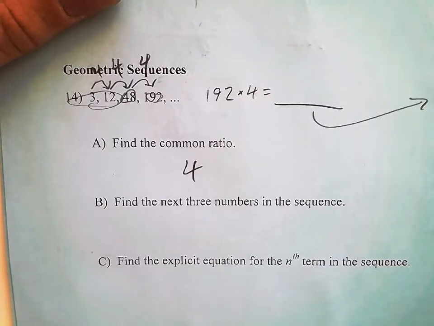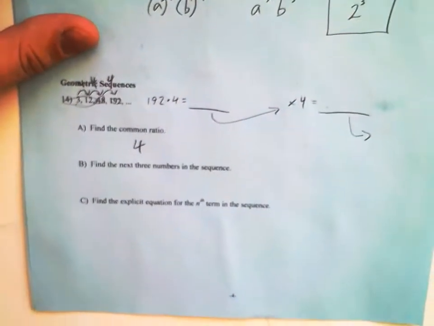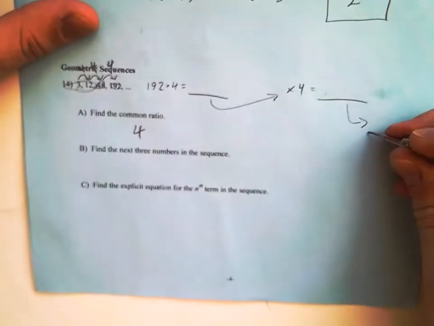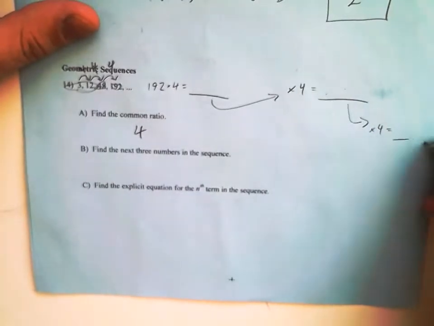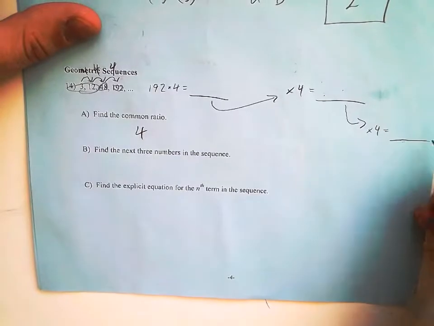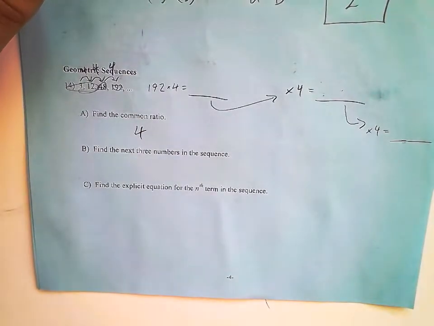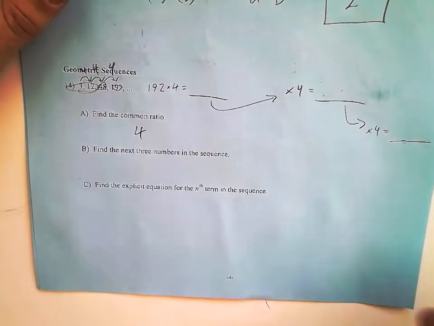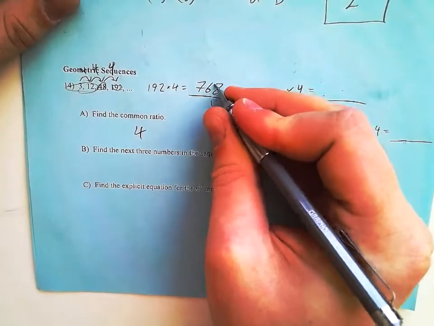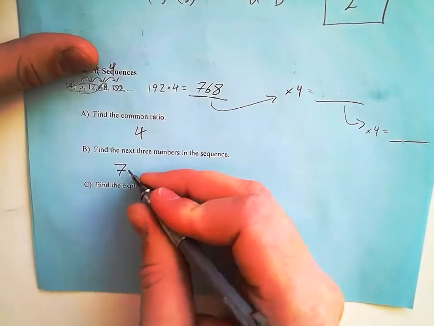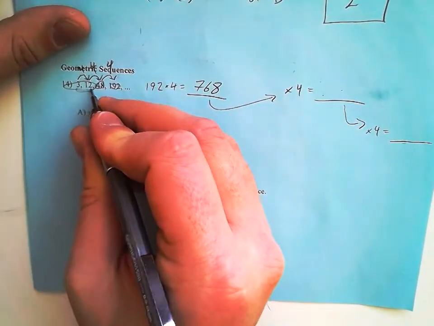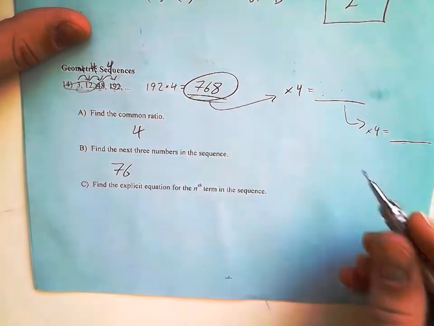And then we're going to take that and multiply by 4 to get the third one. Okay, here's my calculator on my computer. I'll just type that in really quick. 192 times 4 equals 768. So that's the next one after, so 3, 12, 48, 192, 768.